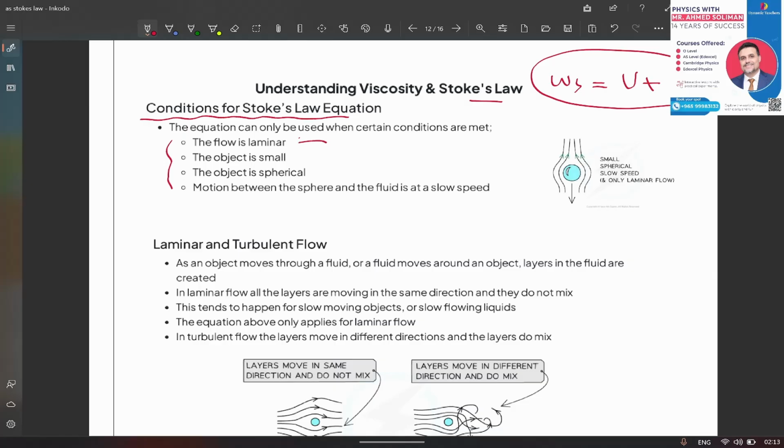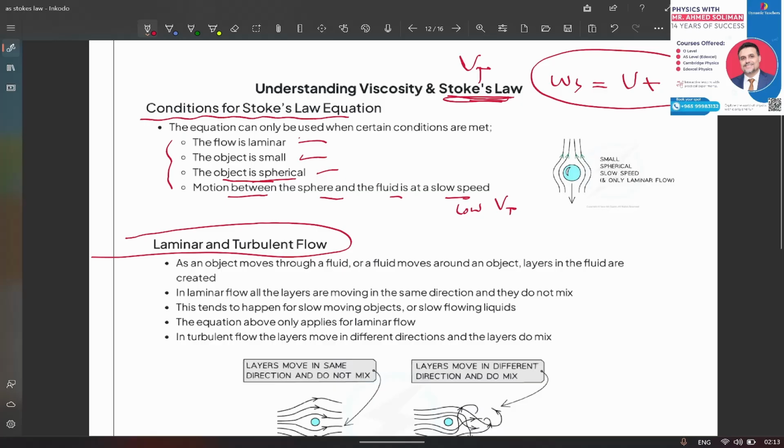I will show you what laminar flow means. The object must be small, so we need a small sphere, and it must be spherical, so we can't use a cube, for example. The motion between the sphere and the fluid must be slow, so we need low V terminal. And of course, for Stokes law, we need terminal velocity. The object mustn't be accelerating or decelerating. It must be moving with a constant velocity.